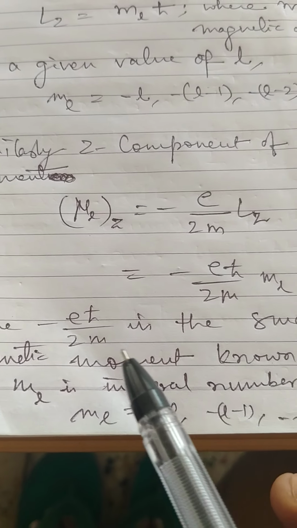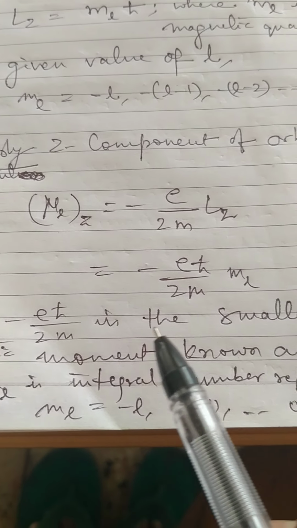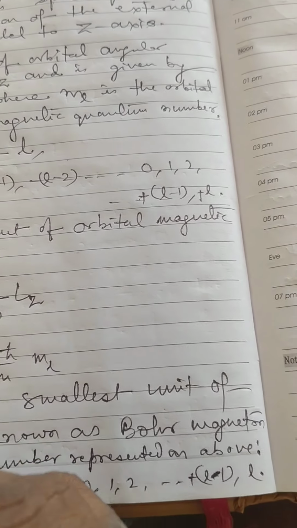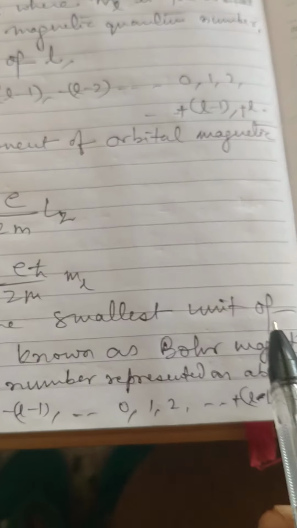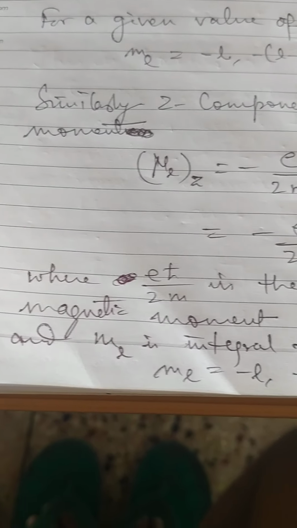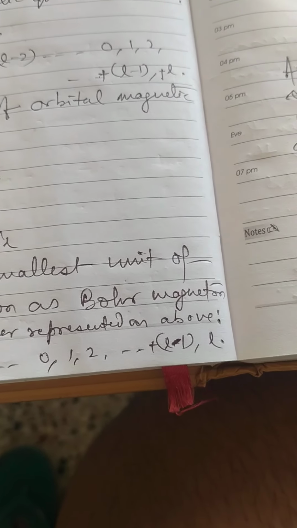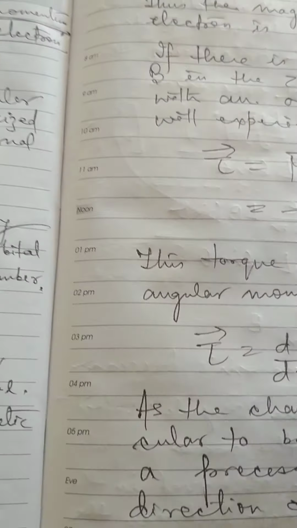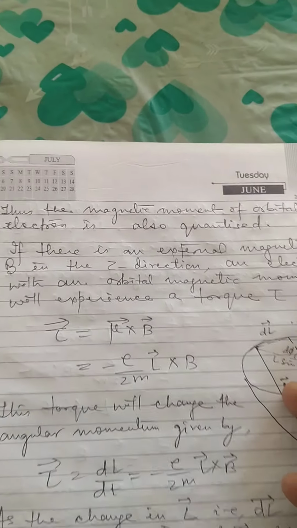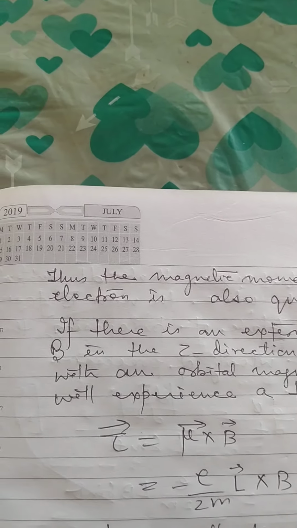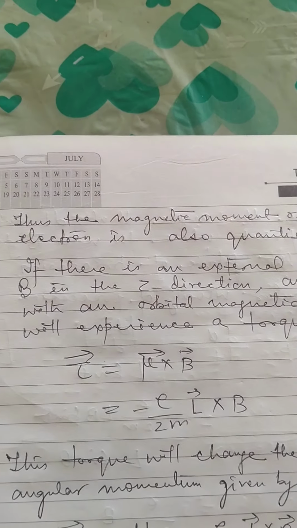Here e h cross by 2m is the smallest unit of the magnetic moment, and it is known as the Bohr magneton, and ml is the integral number represented as above. So ml is equal to minus L to plus L. Thus the magnetic moment of the orbital motion of the electron is also quantized.